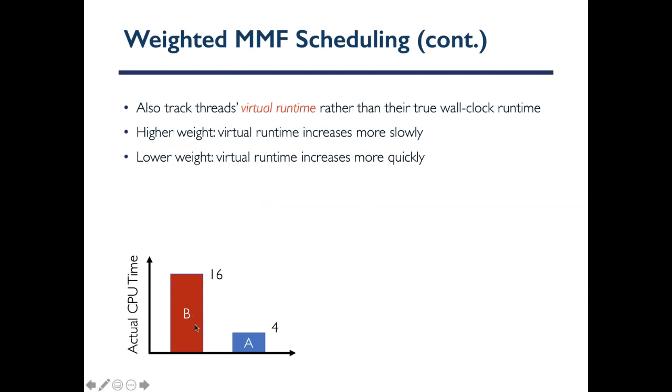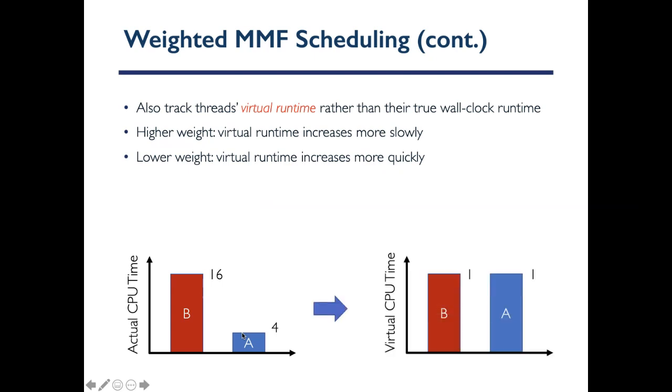Let's say the weight of B is 4 times the weight of A. And now, let's say at this time, whatever time it is, B was scheduled for 16 time units, whereas A was scheduled for only 4. So if I go with vanilla max-min, I should pick A because it has gotten less time on CPU.